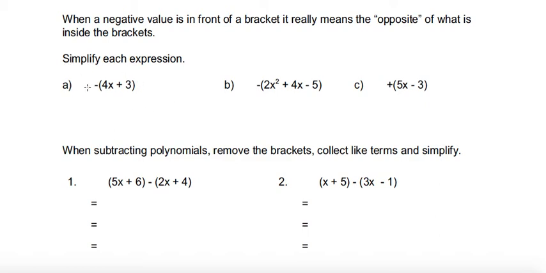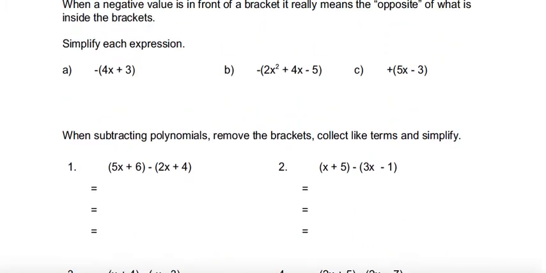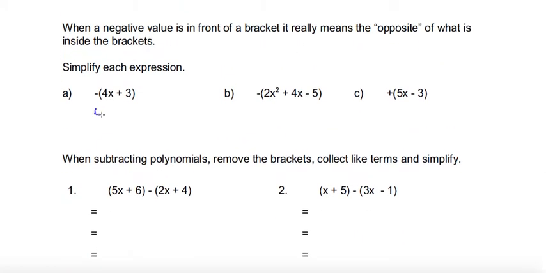So when we are subtracting the polynomial, we are actually rewriting this as the opposite expression. So this one would become negative 4x. So this is positive inside the bracket, so it becomes negative outside. And then 3 becomes a negative 3.